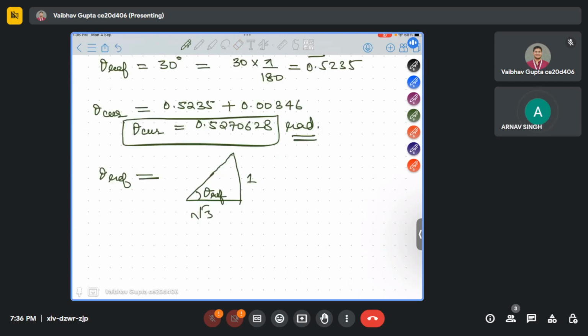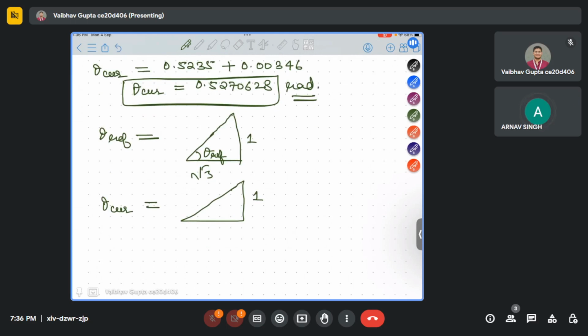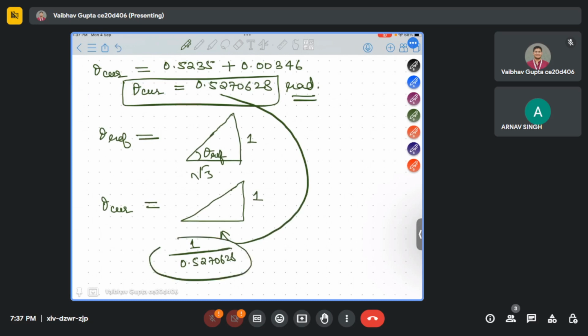So you have to mark theta current also like this, so this should be 1 always. So here you find out this value: just put 1 upon 0.5270628, whatever answer you got in your assignment problem, you just do this thing. So this value will be equal to 1.71828.